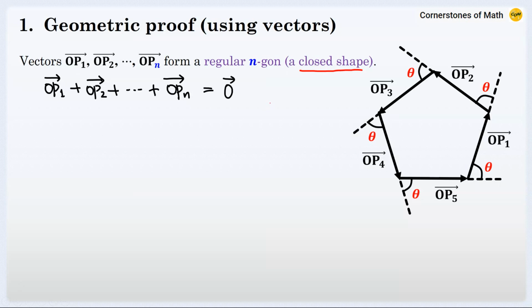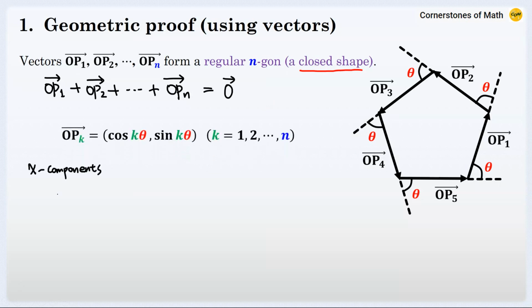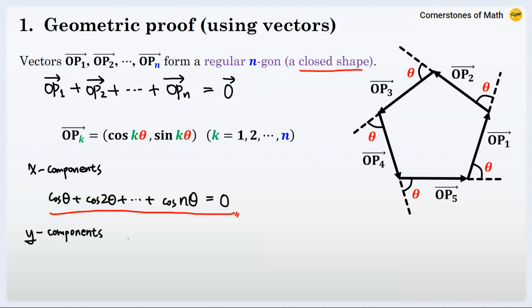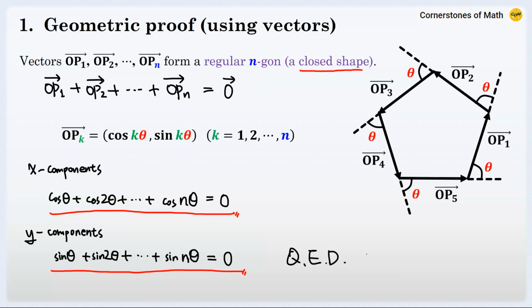And since these vectors have these components, from x components we obtain cosine theta plus cosine 2 theta plus so on plus cosine n theta equals 0. And from y components we obtain sine theta plus sine 2 theta plus so on plus sine n theta equals 0. And the proof is complete.